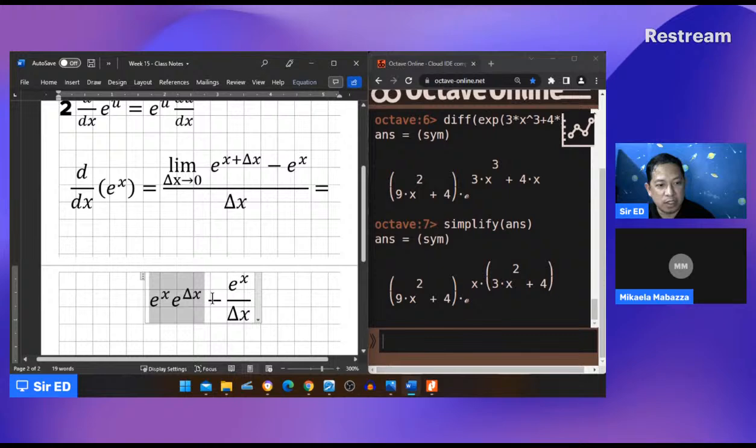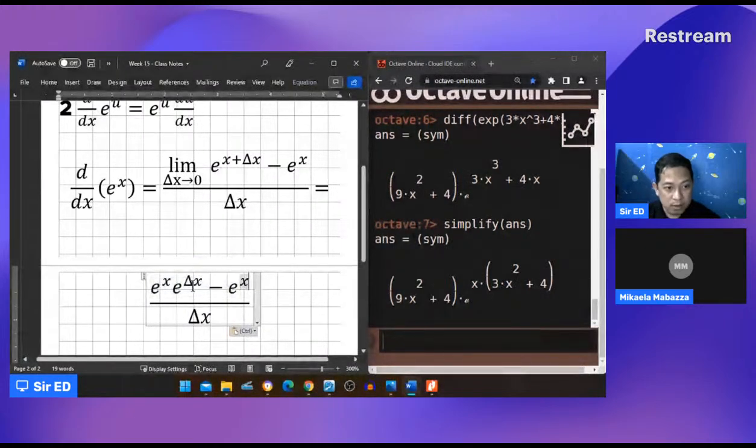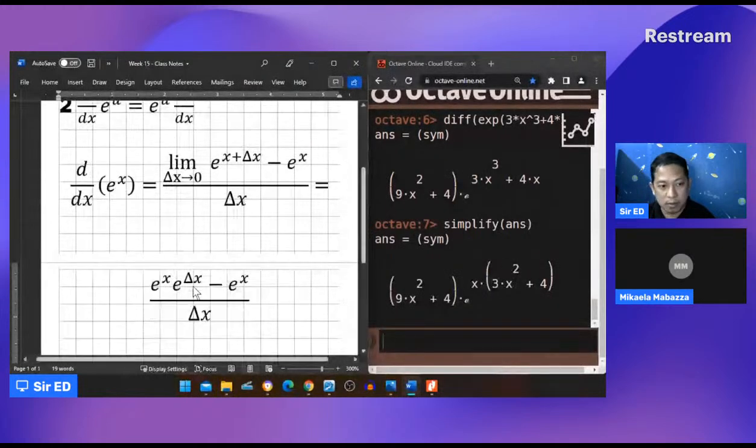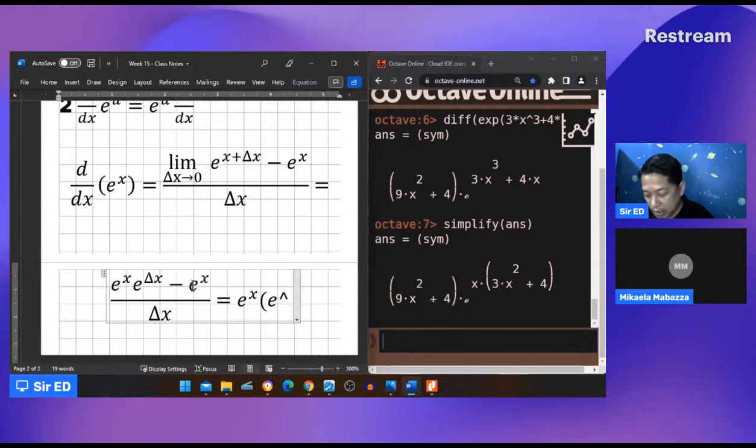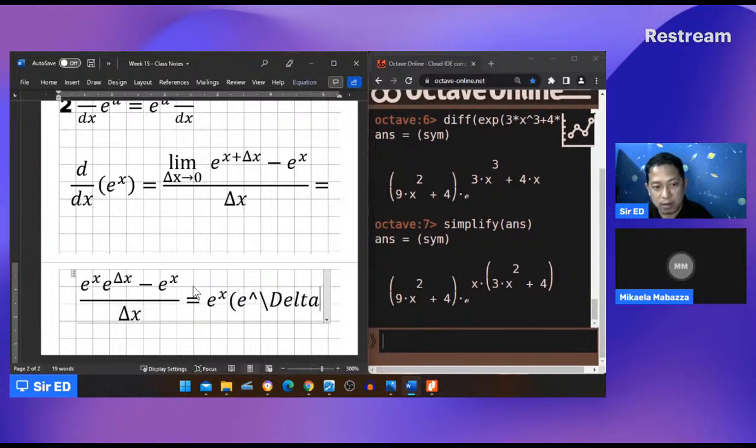So assuming the limit, hindi ko na linagay yung limit. So next to that, of course, we may have some factor out. You factor out e raised to x. So this will become e raised to delta x minus 1.